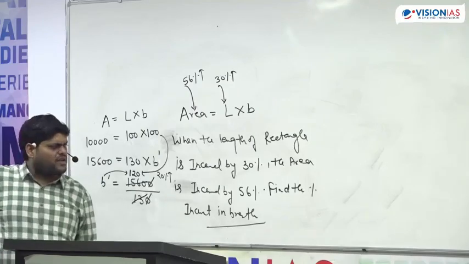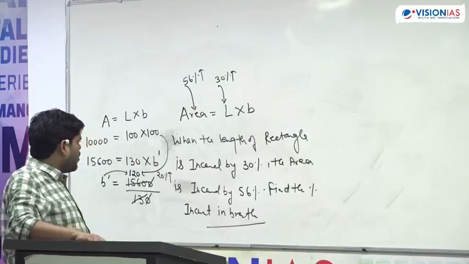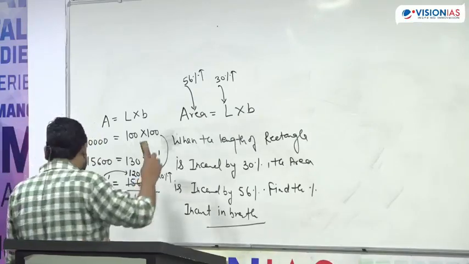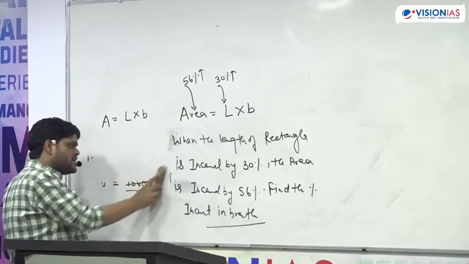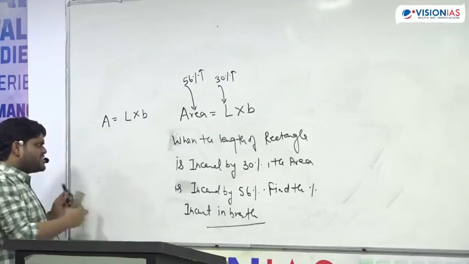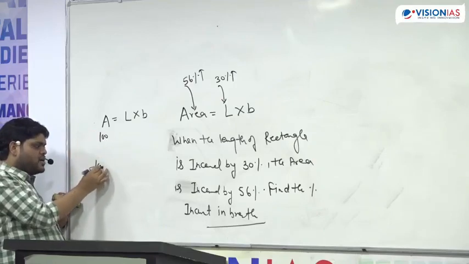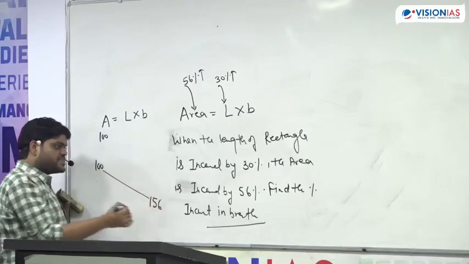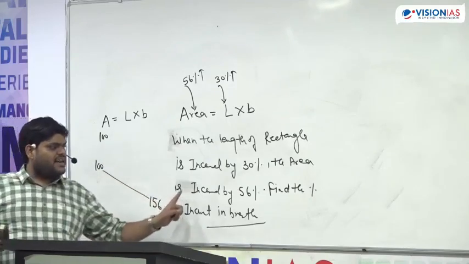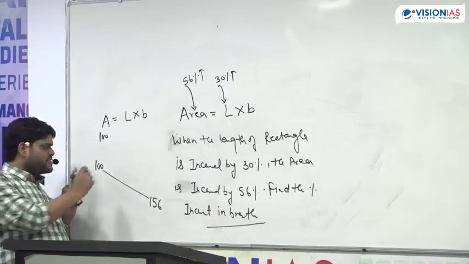Yes, we can do reverse engineering, we can do it by option also. See, anyway, you can do reverse engineering. Suppose I have taken this as 100, so what happened? Now this 100 is finally becoming 156. How come? Because there is an increment of 56%, that means area is increased by 56%.